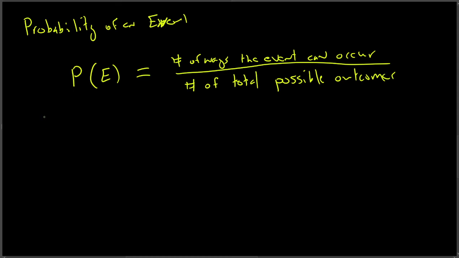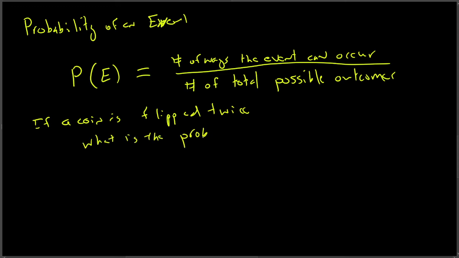So if a coin is flipped twice, what is the probability of getting tails first, then heads?